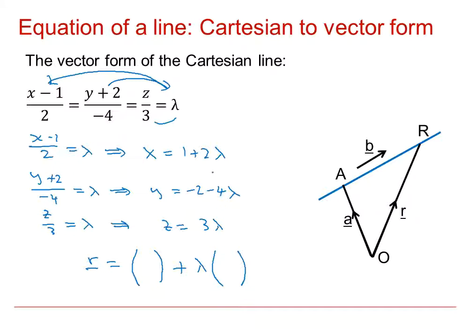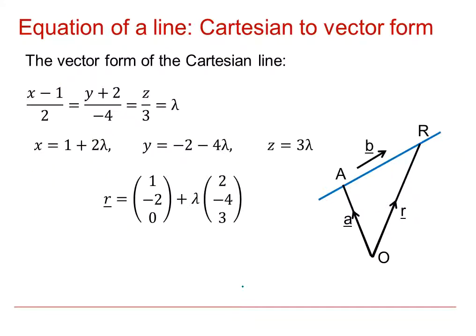So the direction vector will be the coefficients of lambda. So the coefficients are 2, minus 4, 3. And the position vector would be, in the x case, the 1, in the y case, the minus 2, and in the z case, a 0. And that is the more useful vector form of the line, as we can see there.